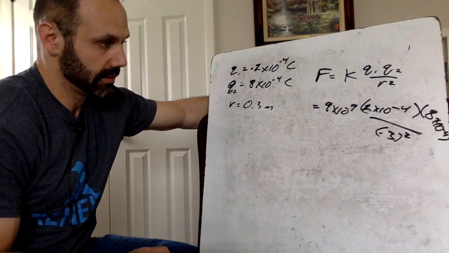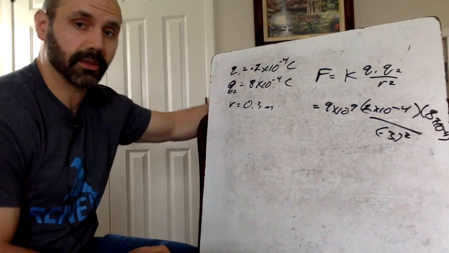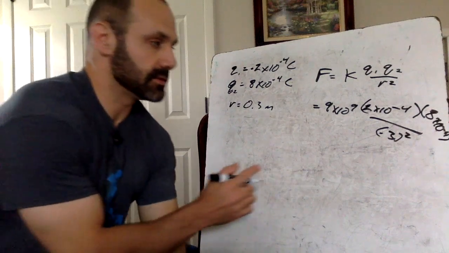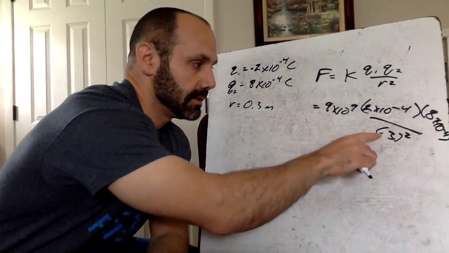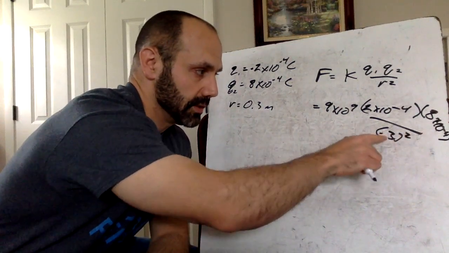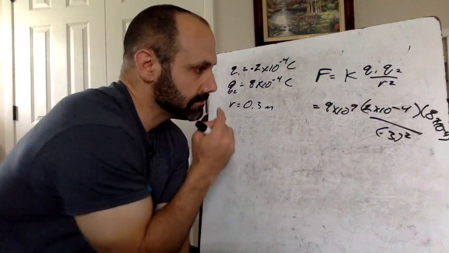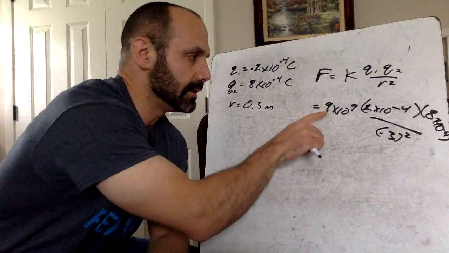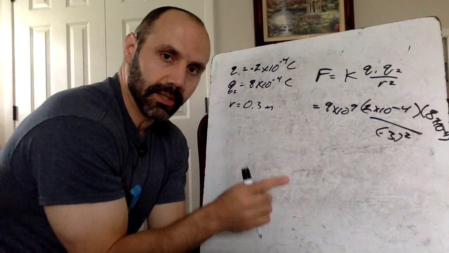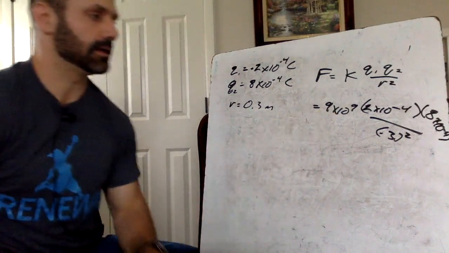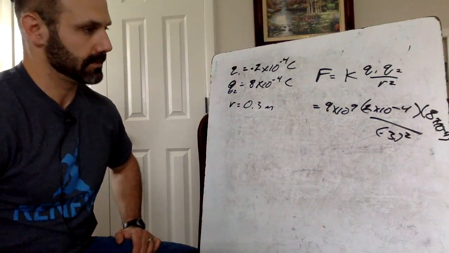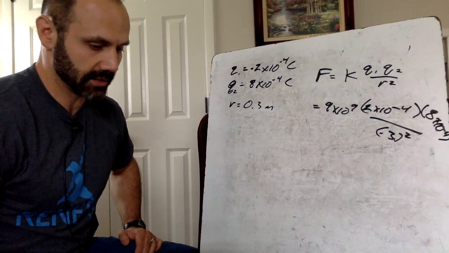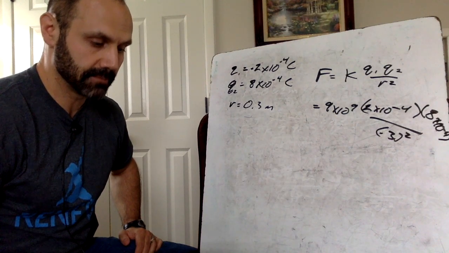Plug that into your calculator. Be careful when you're plugging things into your calculator, because sometimes you hit divided by, make sure that the squared is going to this. You can hit the E button, 9, and then there's the double E there, 9E9. And so the answer is -1.6 times 10 to the 4th newtons.